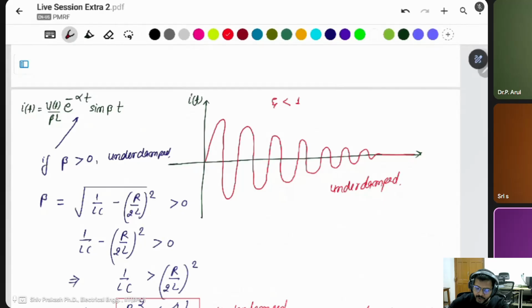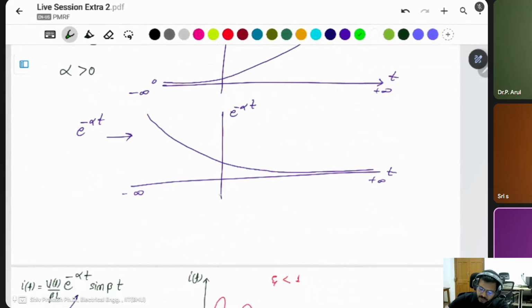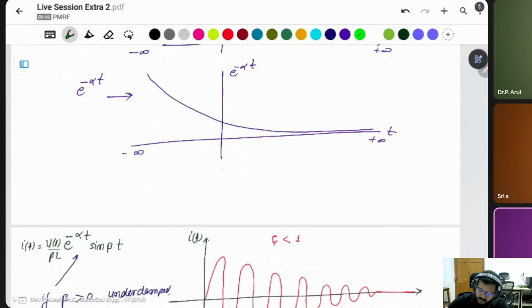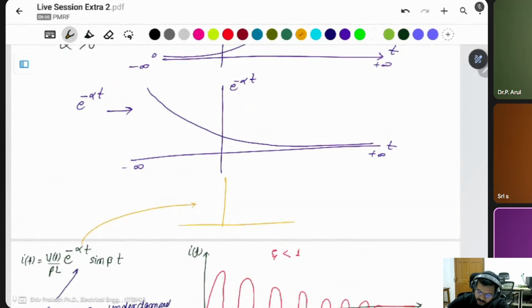Why does it look like that? Because of the exponential term. We know about this exponential. We start from 0, and e to the power of minus t is here, because of the minus t u(t). Then if you take it from 0, it will look like that.